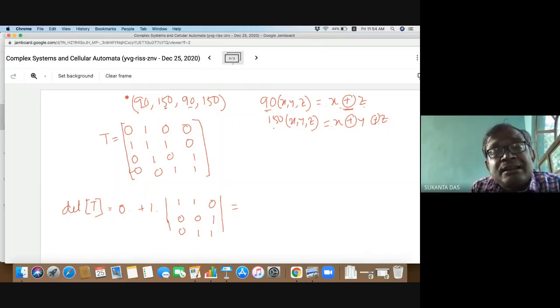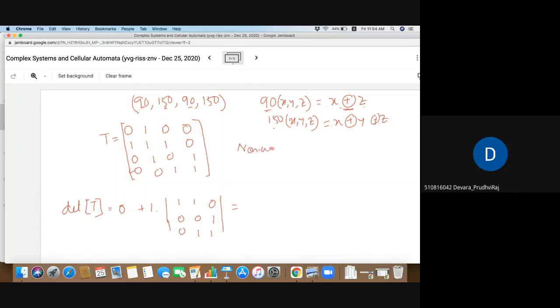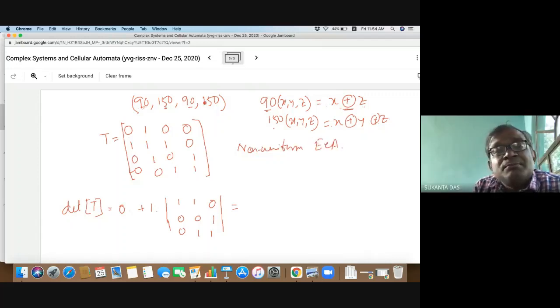Now this kind of CA is called a non-uniform ECA. Why? Because all the rules are ECA rules. In case of an ECA rule, a rule can depend on left neighbor, self, and right neighbor. Here there are 4 cell CAs.